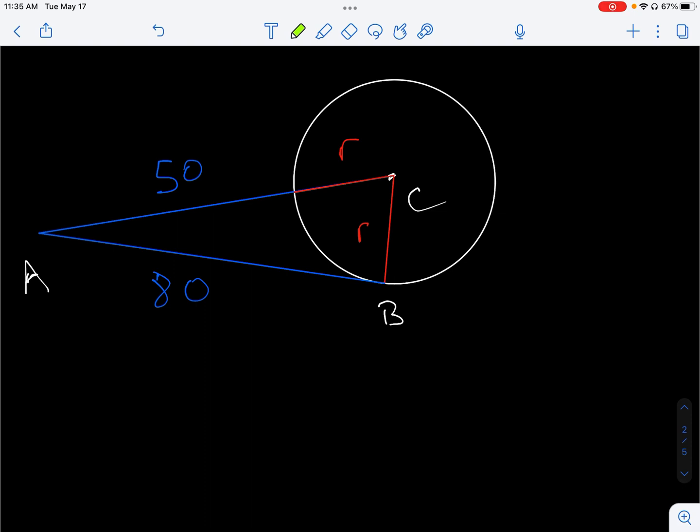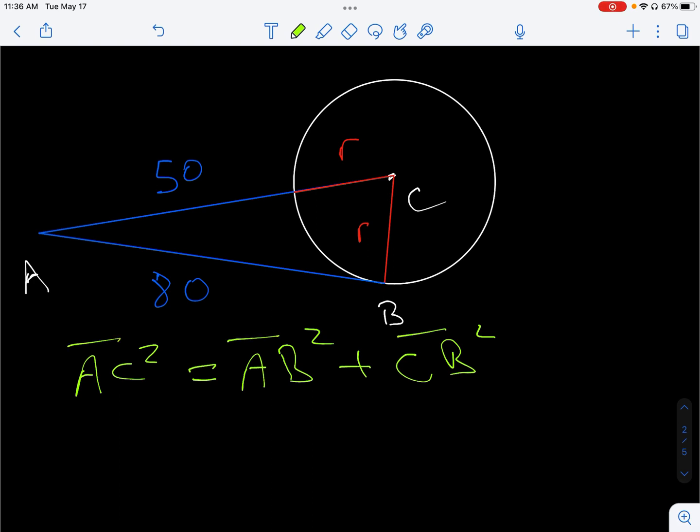Because we know that AC squared equals AB squared plus CB squared. Right, because here we have to have our right angle, so AC has to be the hypotenuse.